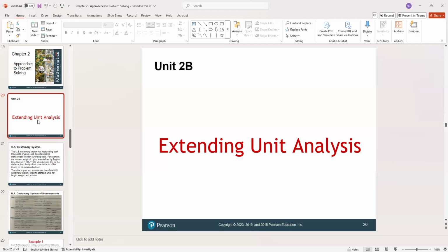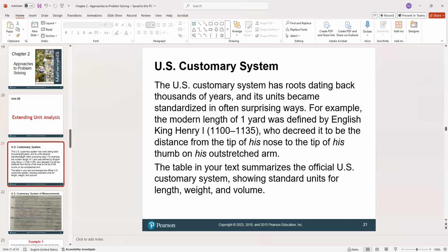If we turn right now to the most important systems of standardized units, in the United States most of our daily measurements are made with what is often called the English system of units, but it is more formally known as the US customary system.